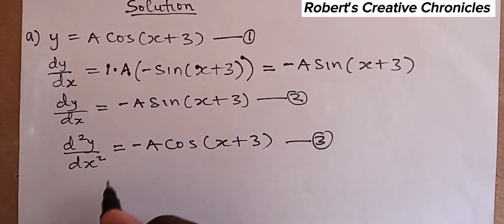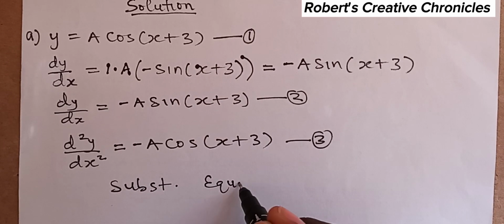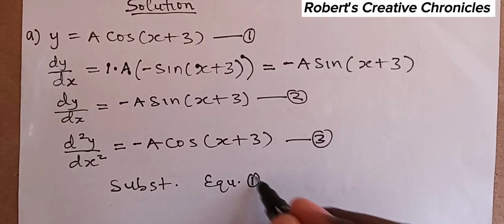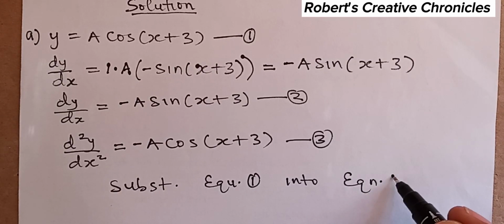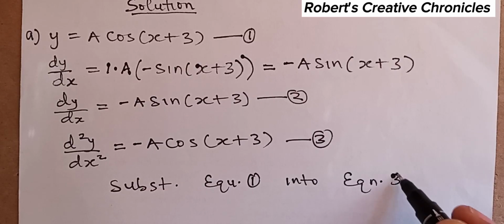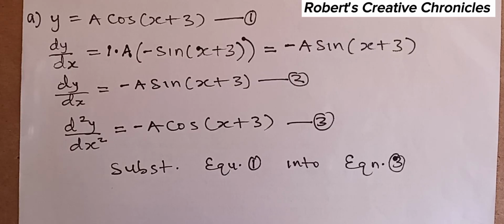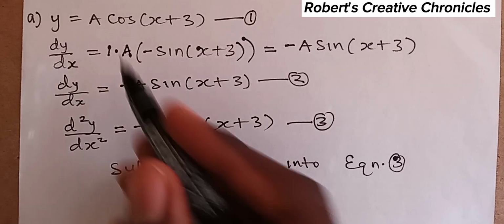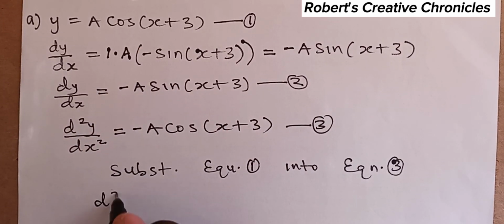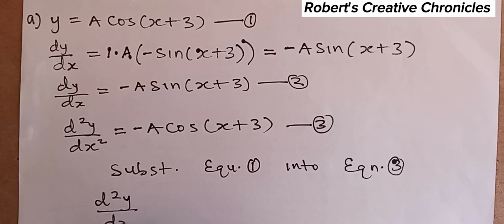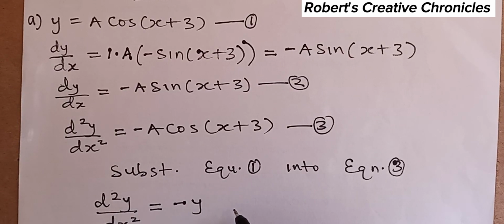So when we substitute equation 1 into equation 3, we will get here, this one is y from here. So it will become d squared y over dx squared is equal to minus y.